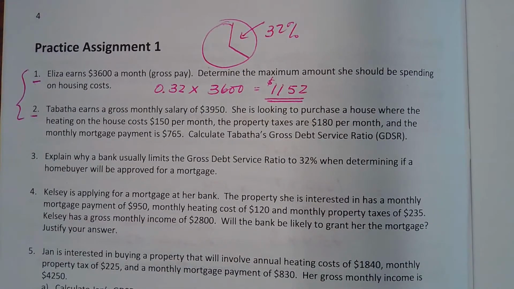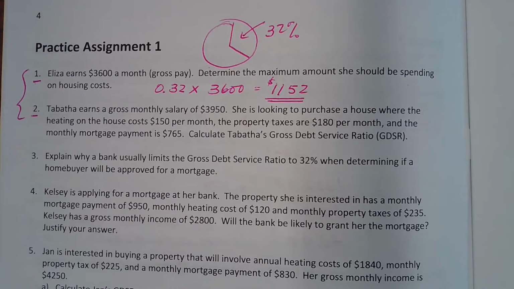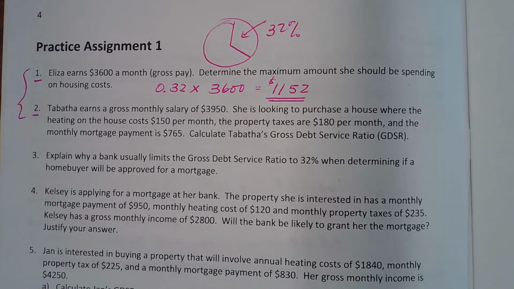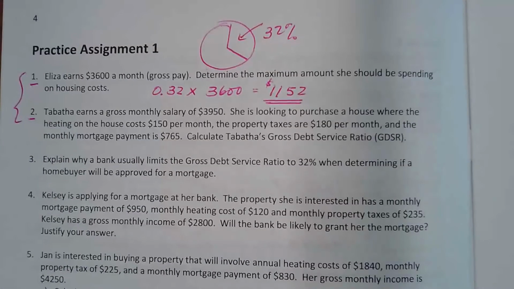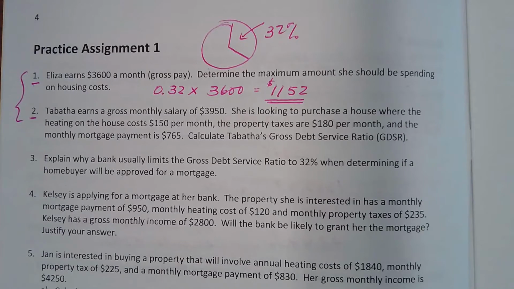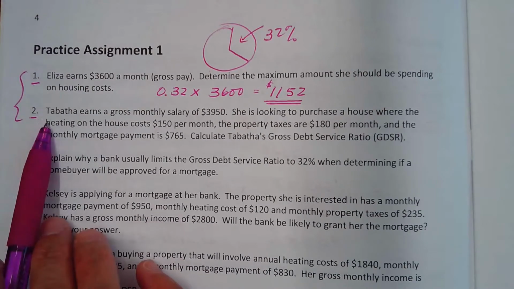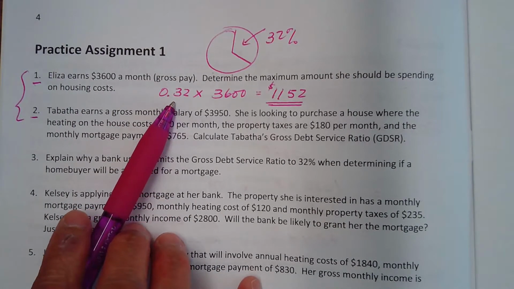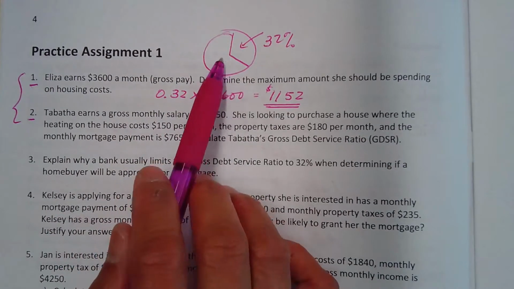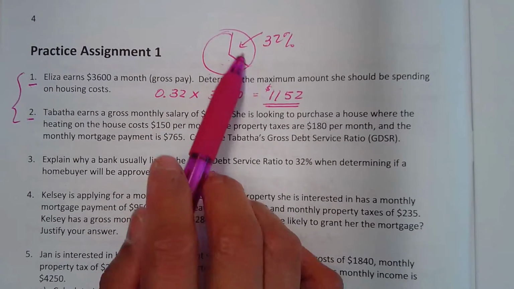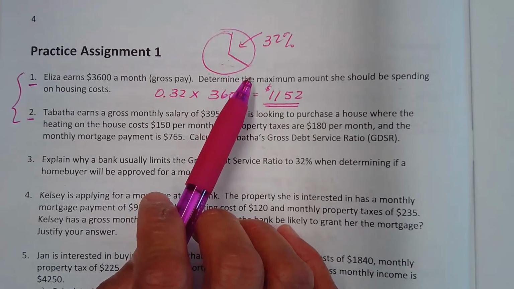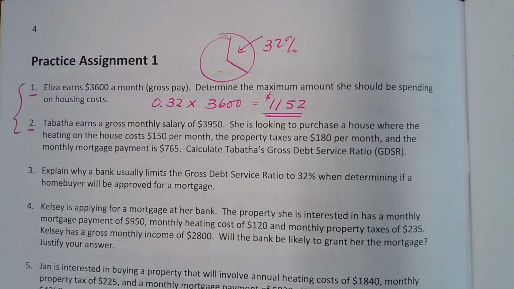Try to show your work and write down your answer with the appropriate unit. For this case, it's dollars, because it's money. That's what's allowed. We're only allowed 32% of your income for the housing stuff.